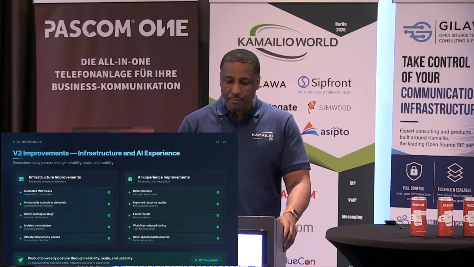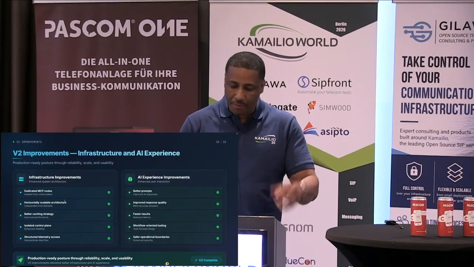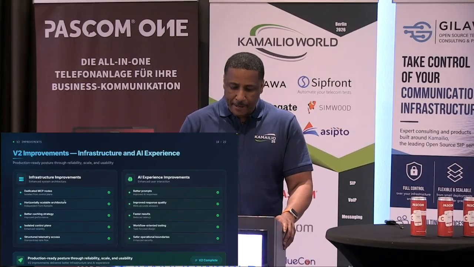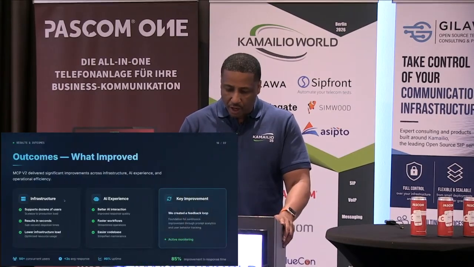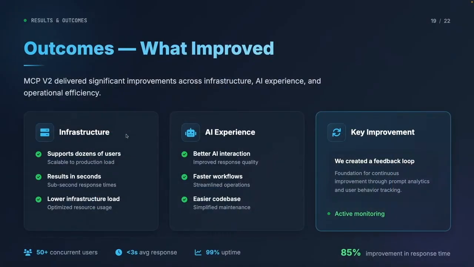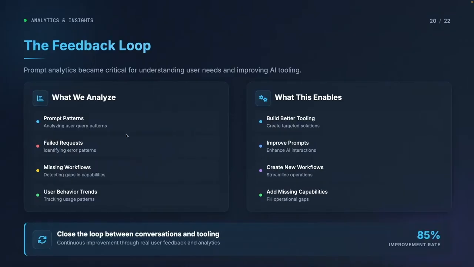I think I just got a couple more slides here, and then I'm off the stage. The feedback loop is what I'll cover really quick. Remember I talked about we had these prompts coming in, but we weren't really able to understand them. So in the V2 architecture, now we have a feedback loop. We actually grab the prompts that are being sent to us for whatever request.